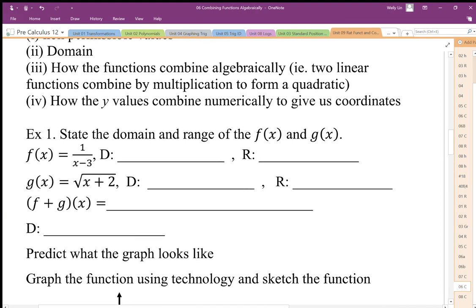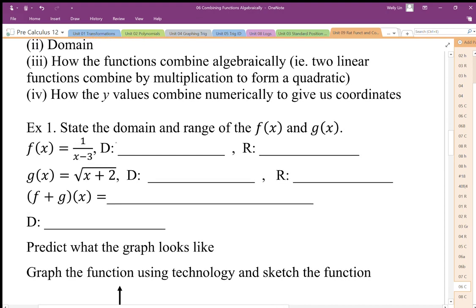So looking at this next example, we want to state the domain and range, and mainly we're going to focus on the domain of f of x and g of x. The domain here is going to be the restriction x can't be equal to 3, because we're going to divide by 0. And since it's a reciprocal function, we know that it doesn't cross the x-axis, and it has an asymptote along 0, so y is not equal to 0.